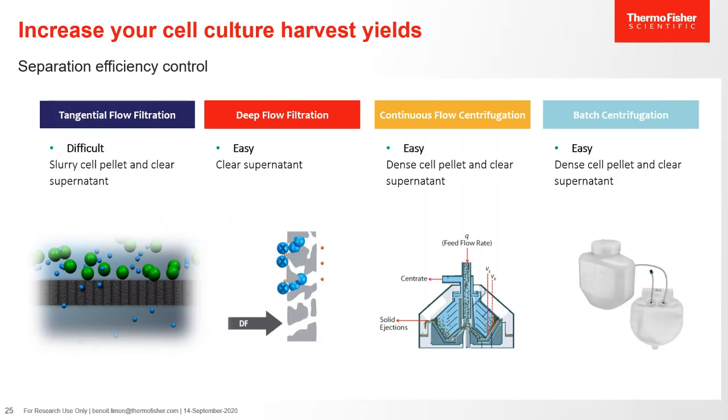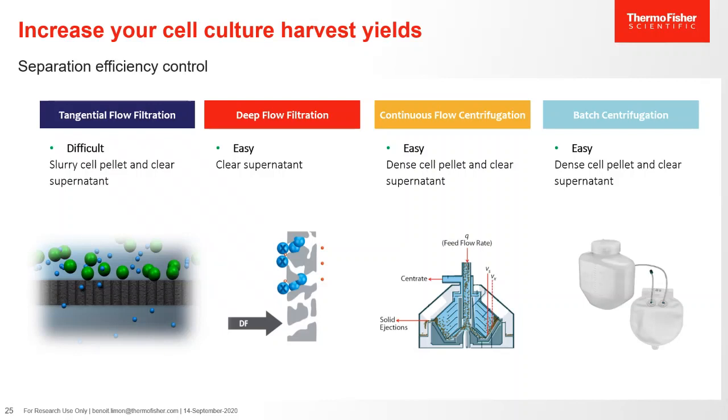In case of tangential flow filtration, we estimate the control to be difficult, and this method is resulting in a slurry cell pellet and a clear supernatant. In order for this technique to work, the cell pellet has to be kept as a slurry, moving and flowing through the filter.